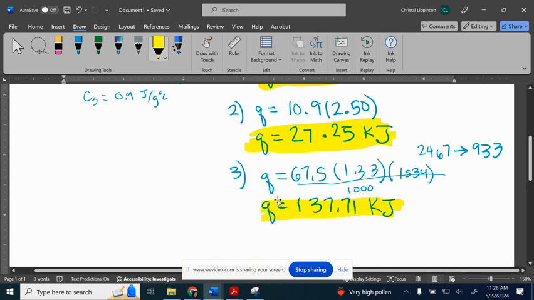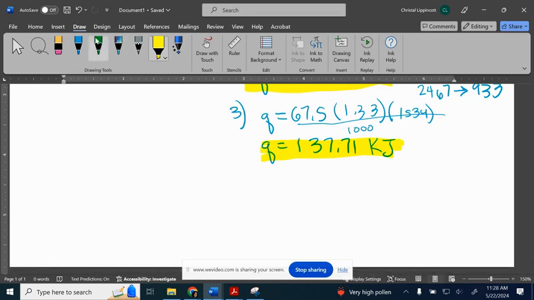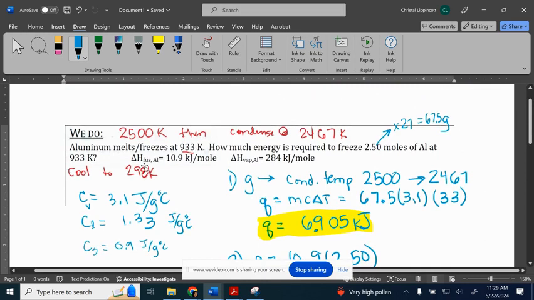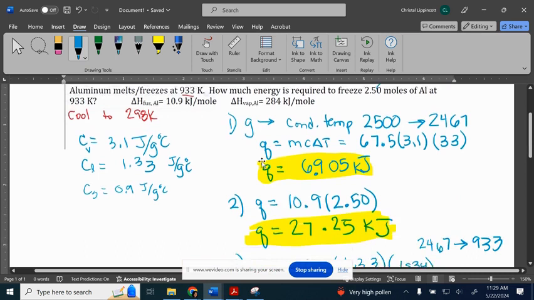Then I need to go through the phase change where it is going to go from a liquid to a solid. So I'm going to take, and I'm going to do my Q value. I'm going to take my moles of substance, and I'm going to multiply it by my, oh shoot, did I use the wrong value in this one?